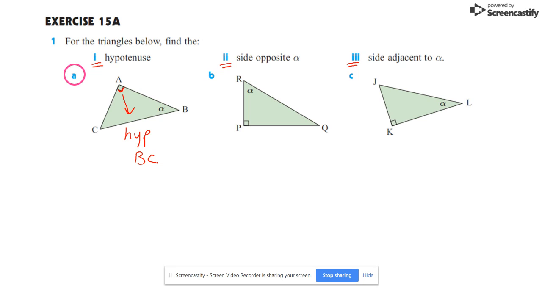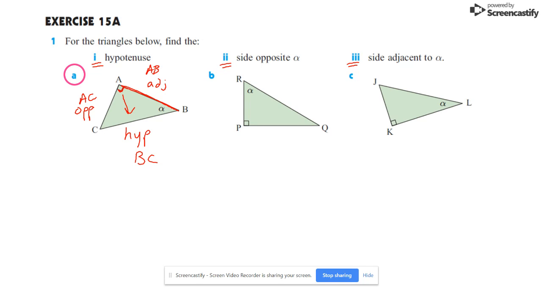The adjacent side to alpha is the side that is used to create the other side of the angle. AB is the adjacent side, and that leaves AC as the opposite, opposite of the reference angle.